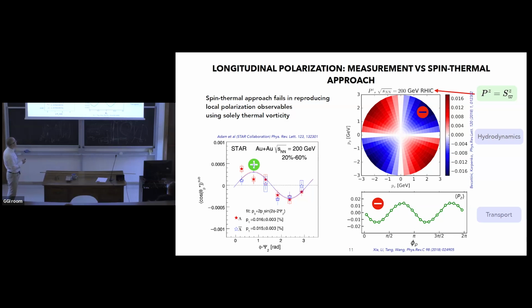On the right-hand side you can see results of, at the top, the hydrodynamic modeling, and at the bottom some transport results, and both, due to relativistic effects, give different signs.